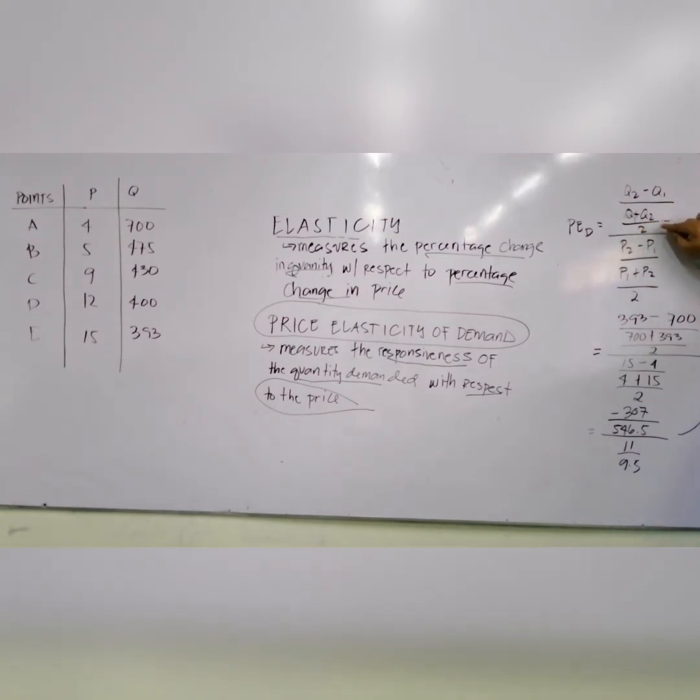Divided by (P2 minus P1), where P2 represents the new price or the current price, and P1 is the original price, over (P1 plus P2) divided by 2, because you need to get again the average price and the average quantity.